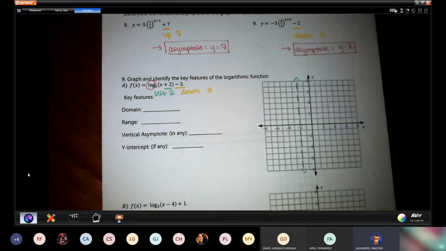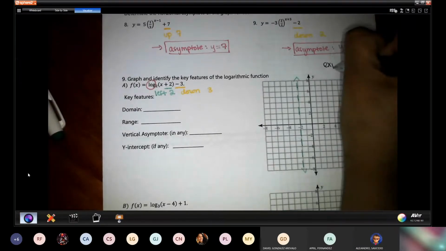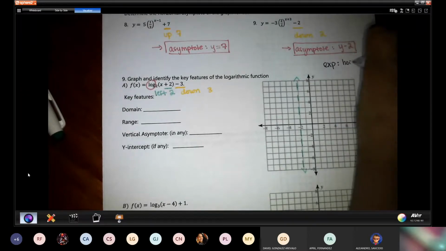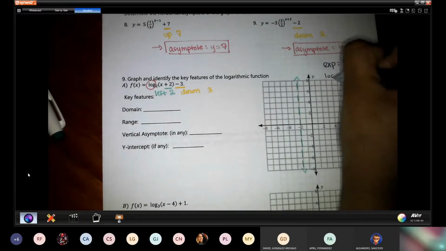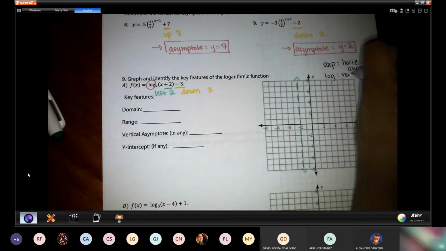All right. So a good thing to write down somewhere is that an exponential function is going to have a horizontal asymptote, and a log is going to have a vertical asymptote, okay?